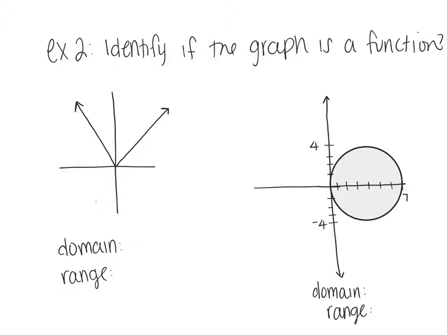All right, so my next example is, okay, we'll determine if the graph is a function. So if the graph is a function, it's going to pass what's called the vertical line test. The vertical line test says that there is no point on the graph where you can draw a vertical line and connect them up. So the way I do it is I use your pencil, use your finger, use something that's vertical, and take it and drag it across the screen so that you're essentially pulling a vertical line across this.